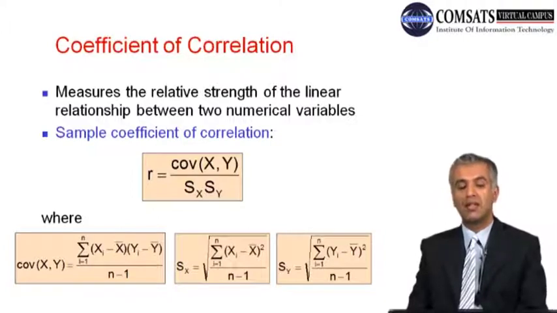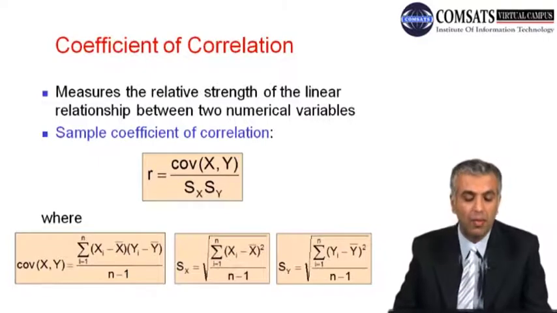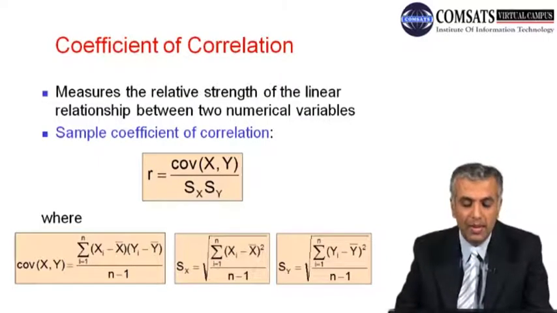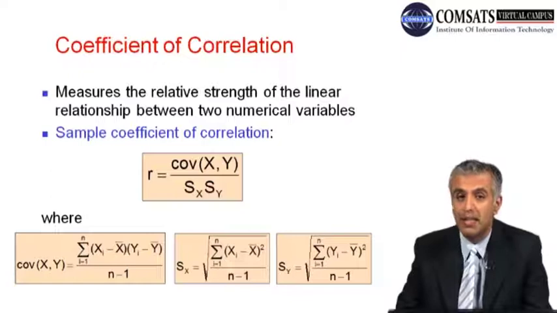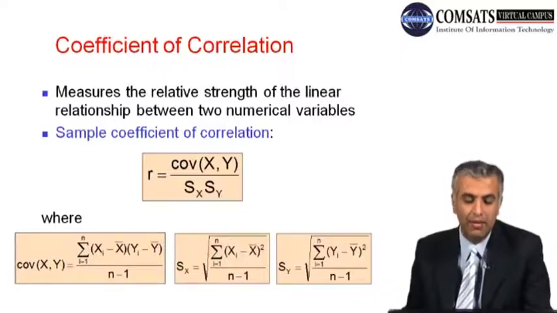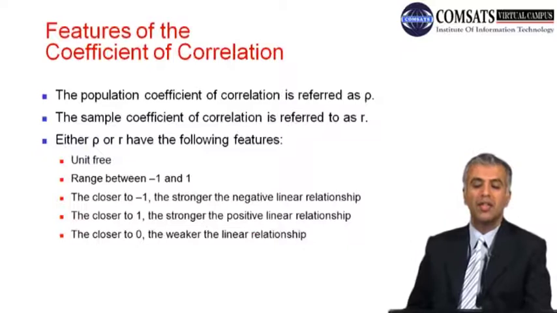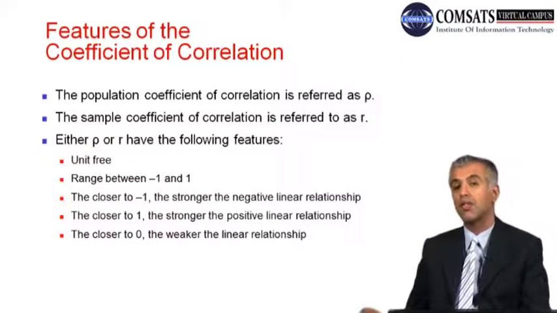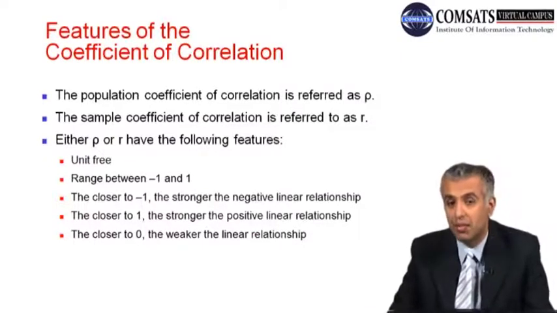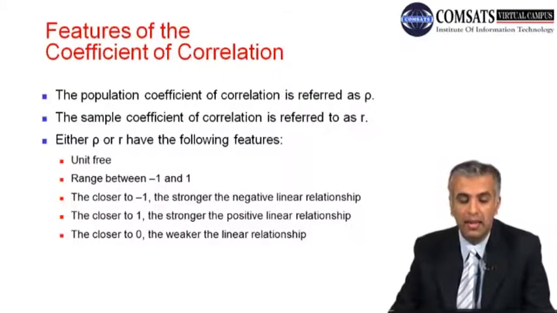So this is its main strength, and that's why in the formula you can see the calculation of covariance of the two variables divided by the standard deviations of the respective variables. Following this, the important features are that the population coefficient of correlation is represented by rho, and the sample coefficient is represented by small r.